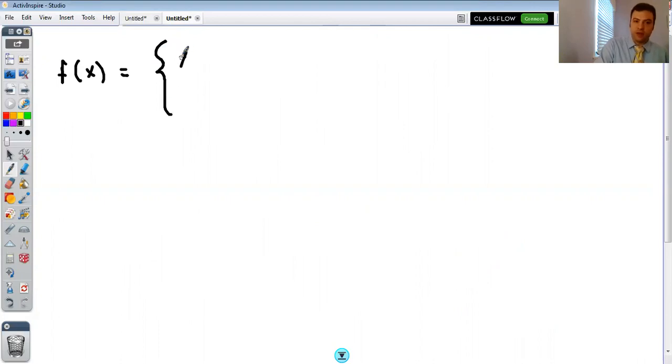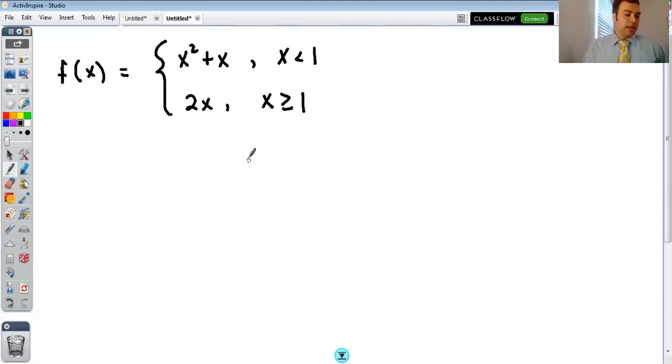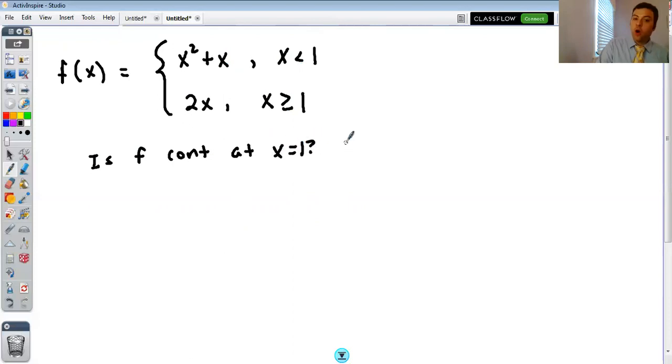So let's say that f of x is equal to x squared plus x for all values of x that are less than 1, and then 2x for all values of x that are greater than or equal to 1. And I want to know, is f continuous at x equals 1? And I also want to justify why it's continuous at that point.